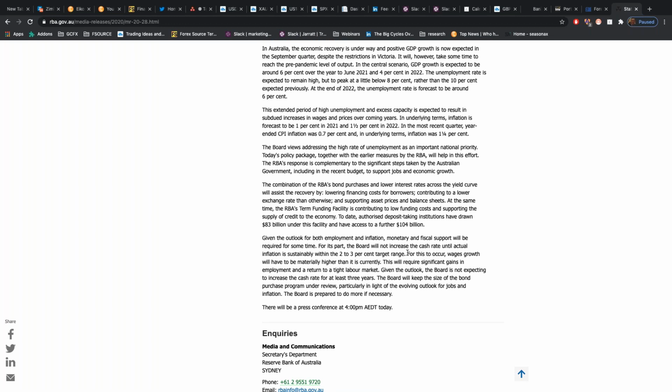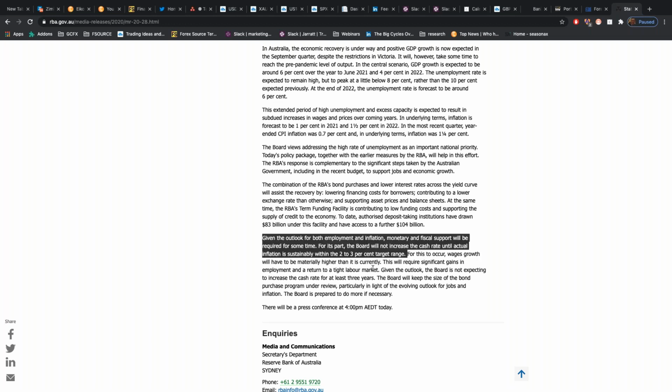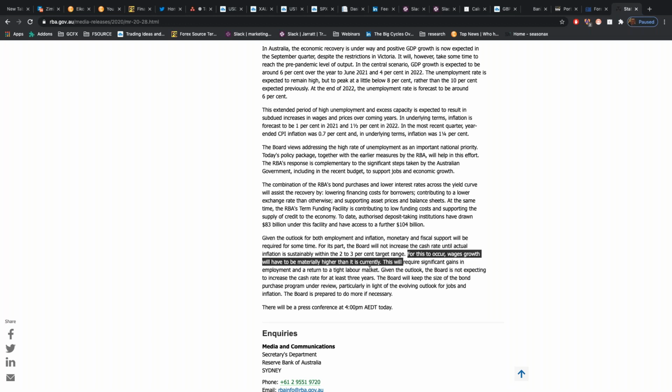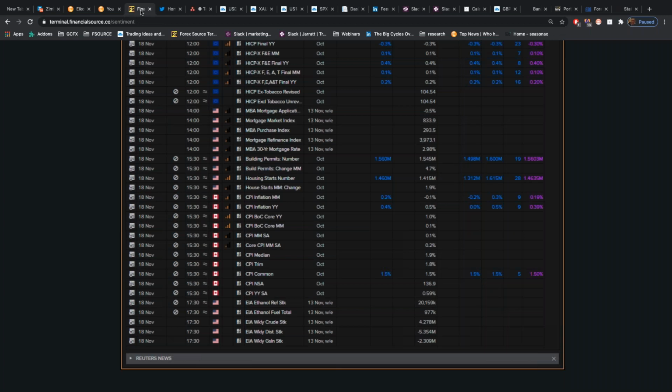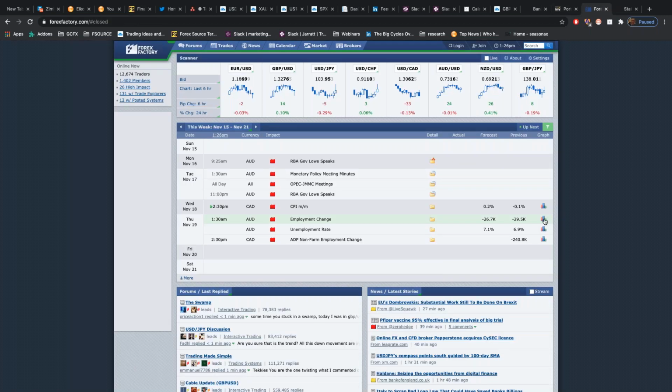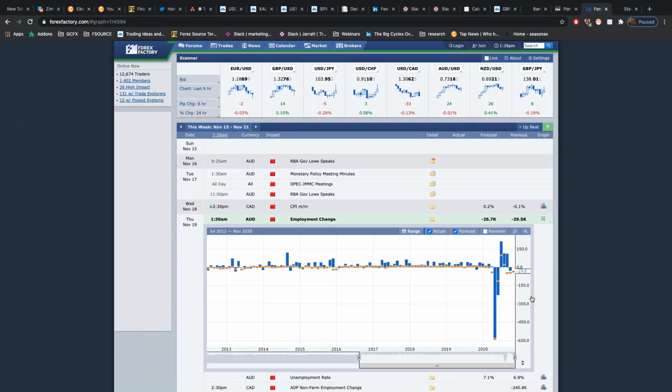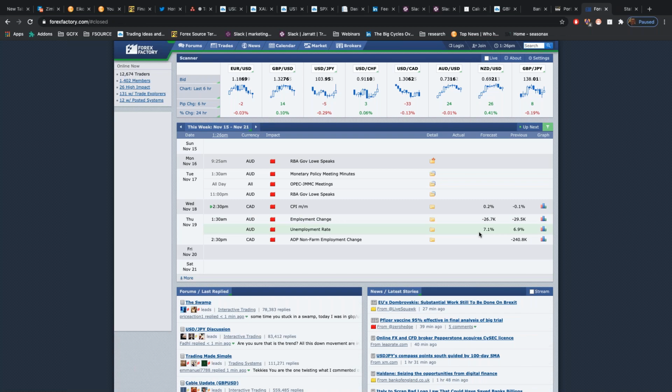And it says for this to occur, wage growth will have to be materially higher than it currently is. This will require significant gains in employment and a return to a tight labour market. So what that means, as the data comes out, if there is a strong employment spike, so say you see a strong tick higher in employment numbers, and you see the unemployment rate dropping sharply, say it's like 6.8%.